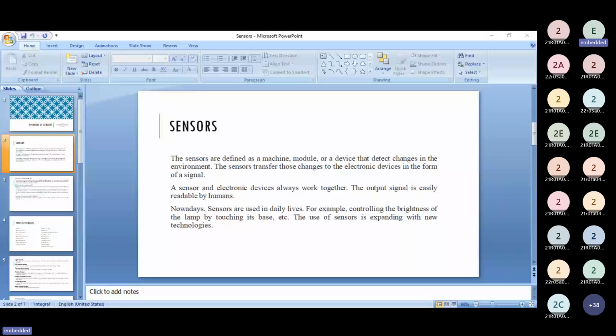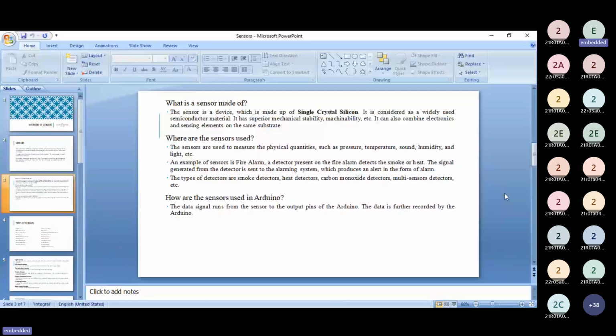Examples will be explained for you guys. You need to know what are the examples of electronic devices which use sensors. So what is a sensor made of? A sensor is a device which is made up of single crystal silicon. It is considered a widely used semiconductor material.